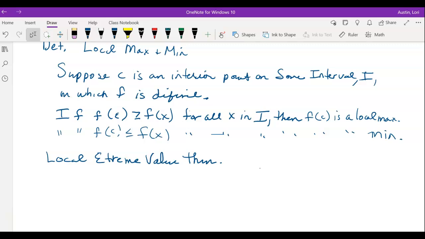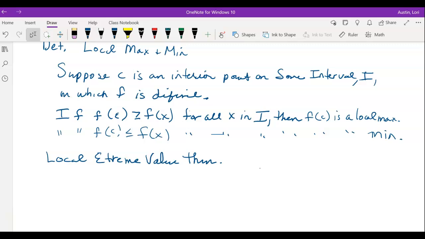The highest value on your entire function on your domain, the absolute max, isn't it also a local max? But can I say it the other way around? No. Every local is not an absolute, but every absolute is also a local. So when I talk about the local extreme value theorem, I'm talking about every possible maximum and even the absolute, okay?